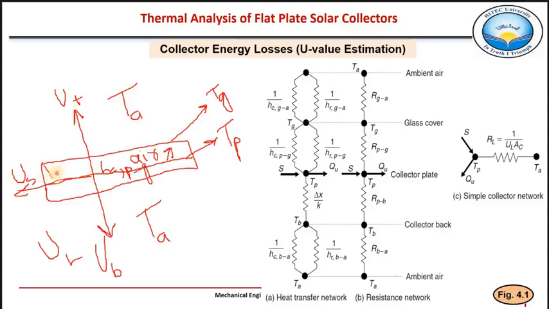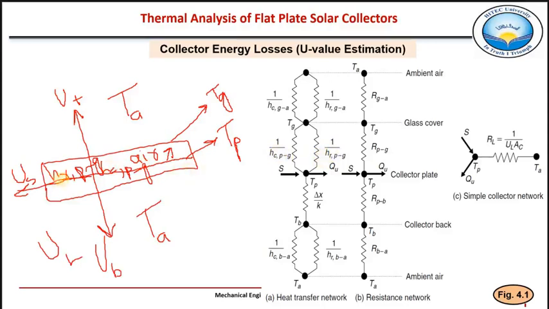And there will also be radiation heat transfer from plate to glass. So that is shown here. That is Tp, this is Tg, and between Tp and Tg there are heat losses due to radiation and also due to convection, but here we have shown them in the form of thermal resistance.